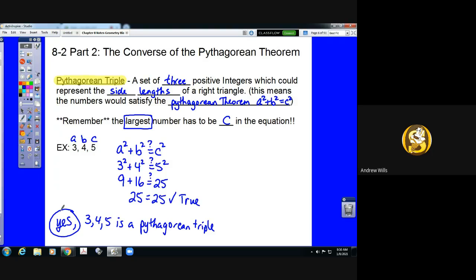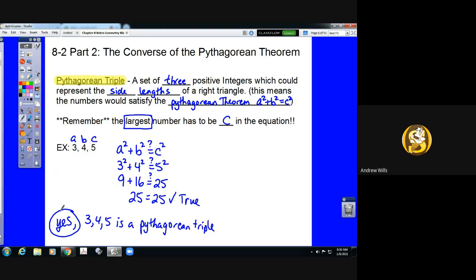And the other teachers were concerned that maybe we might be interested in why they have to be integers. Well, that's a historical thing. So the Pythagorean theorem and all the other stuff that falls under that heading is named after a Greek mathematician named Pythagoras.